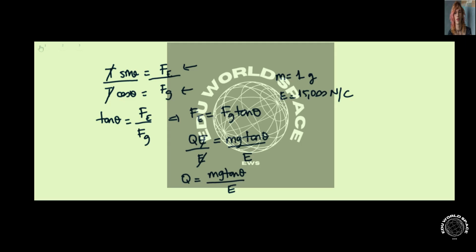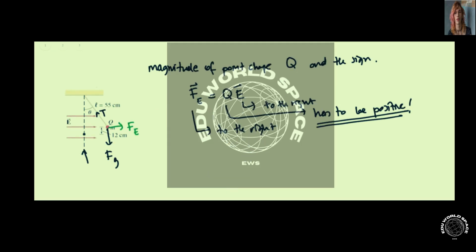The easiest way to find the angle is to go back to this figure here. You see how the distance from the equilibrium point, without any electric force, is 12 centimeters. As you know, this is also 55 centimeters, right? This is the string, where the string would go if we didn't have this external electric field. Then 55 minus this 12 gives us the side length of this triangle. So now we have this triangle.